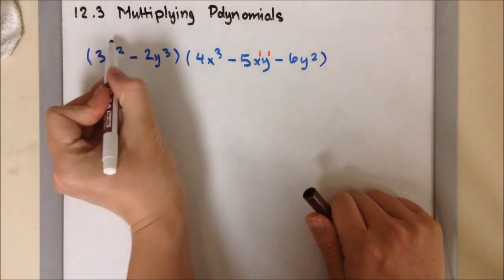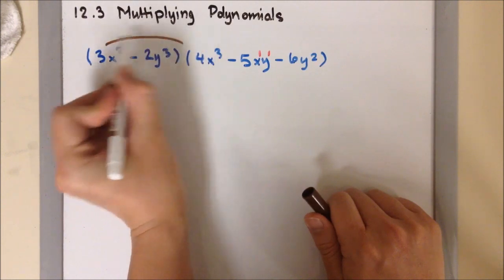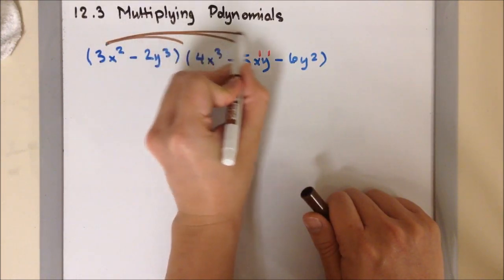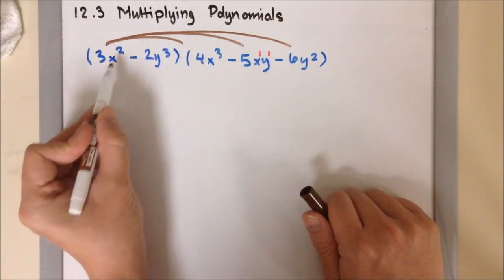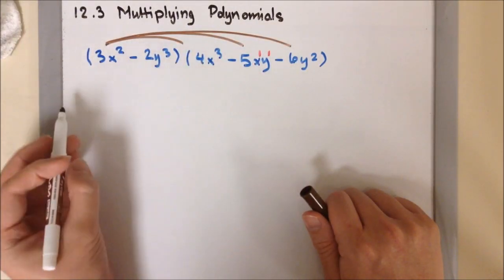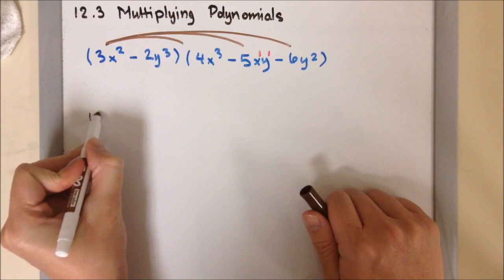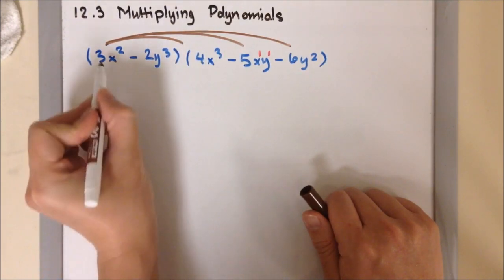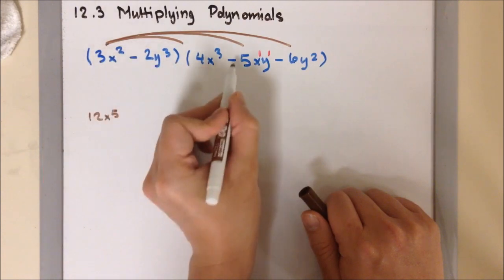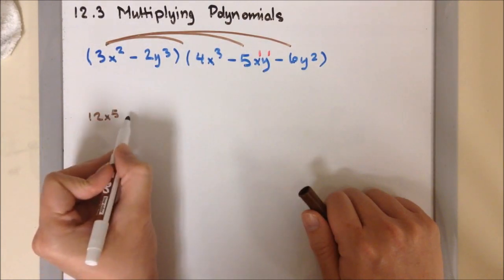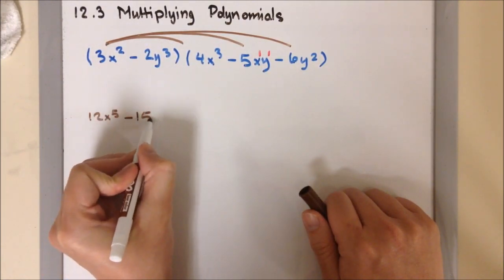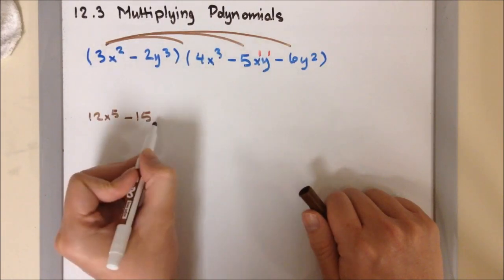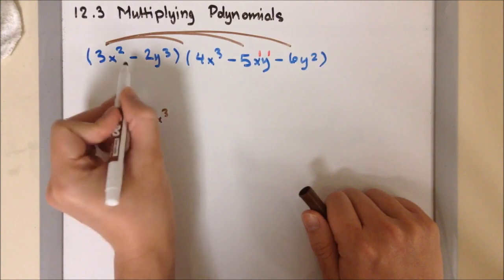So we're going to start off with the 3x squared, or 3x to the second power. So 3x squared times 4x to the third will be 12x, adding the exponents together, to the 5. 3x to the second power times negative 5xy will be negative 15x, the 2 with the 1, so it's going to be x to the third.